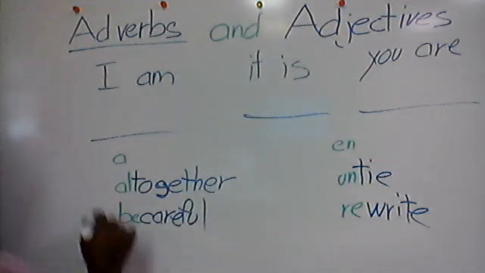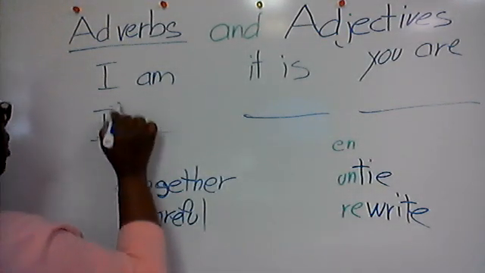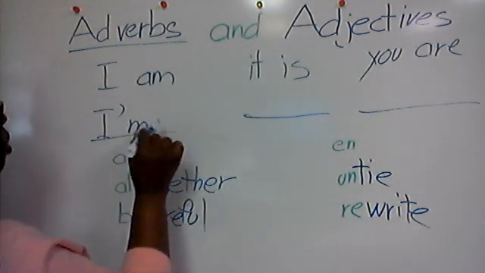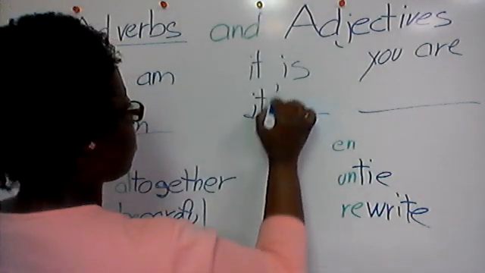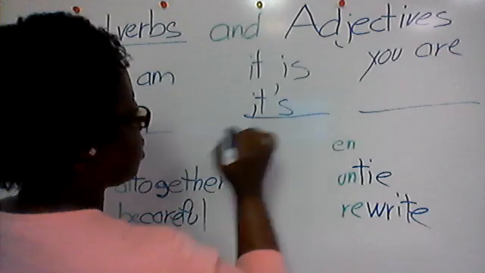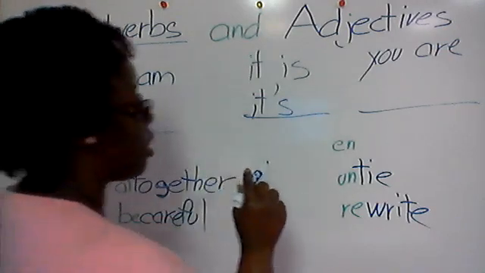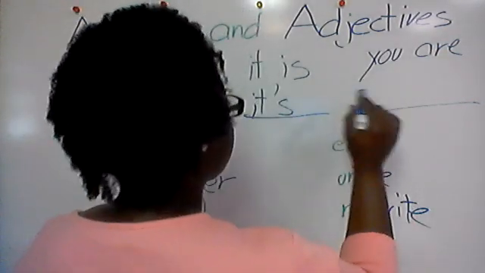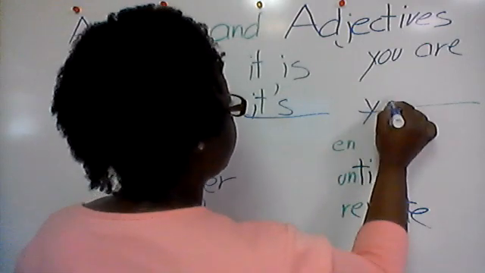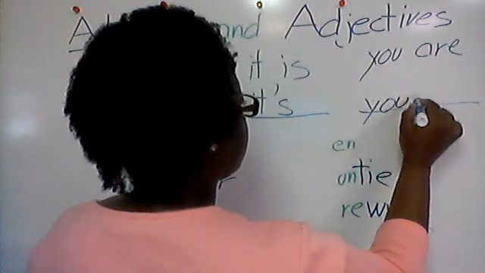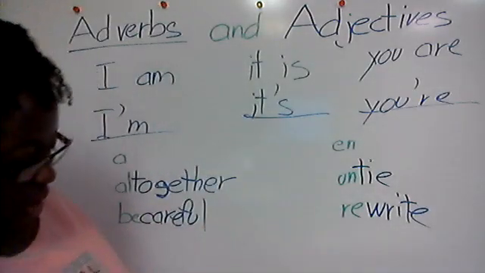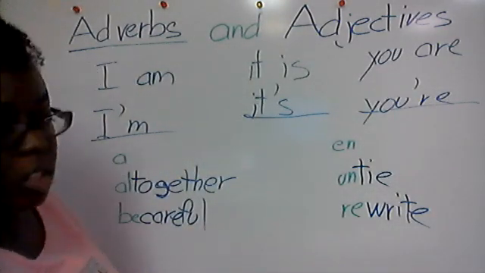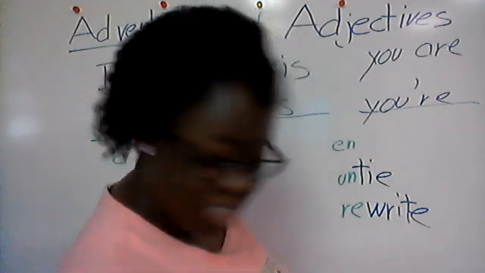I am becomes I'm. We say this all the time. I'm on my way to the grocery store. It is. It's not quite such a sunny day outside right now, but it's. You are. You're, apostrophe R-E. You're all at home watching me teach this video.